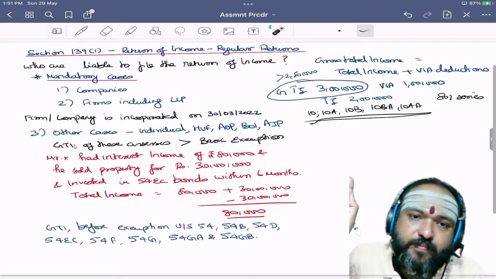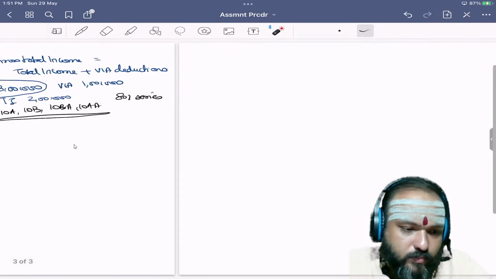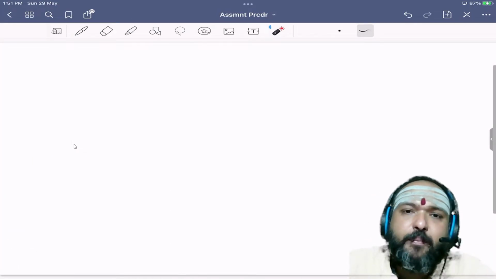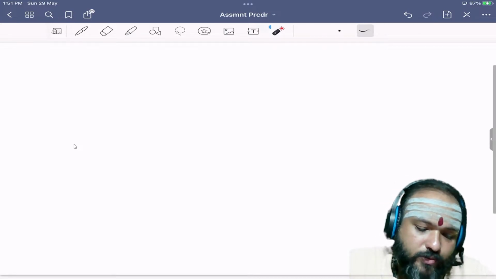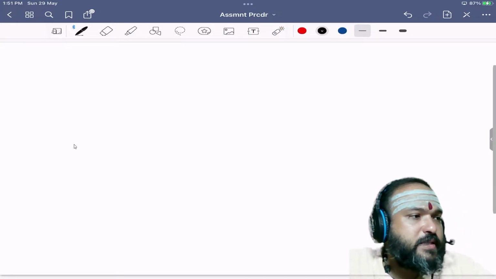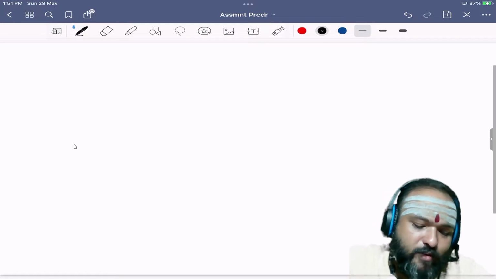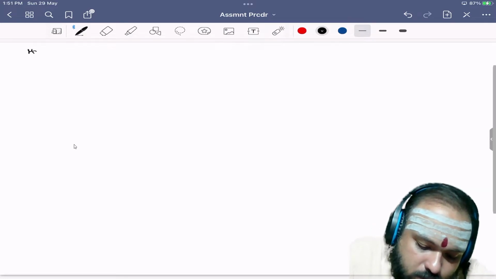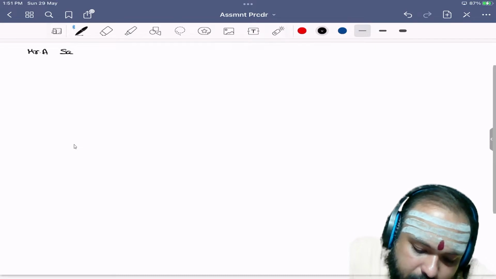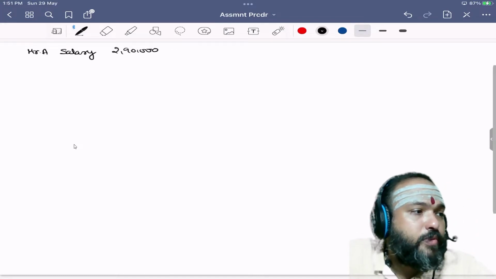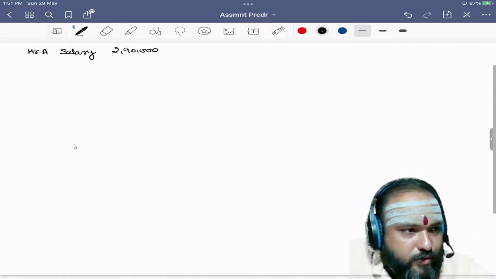Is it clear? Yes? Now, what we'll do is we'll take up a couple of examples. Just look into the material that is shared with you. First case. Mr. A, a salaried assessee, has salary income of 2,90,000 before claiming standard deduction of 50,000.